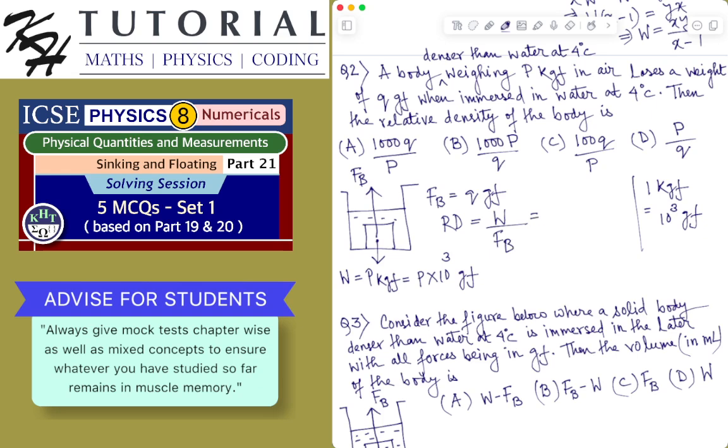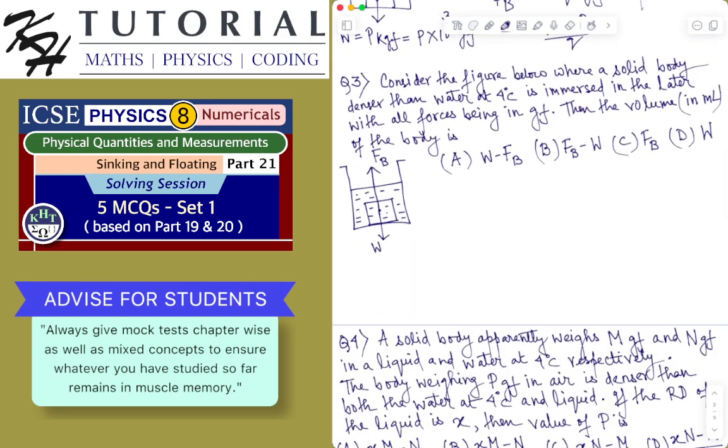So weight is P multiplied by 10 to the power 3 gf, and FB, the buoyant force, the thrust, is the loss in weight, which is given to be Q gf. So the unit gf gets cancelled out, and this is nothing but 1000 P by Q. This is the relative density. So the correct choice is B. B is the correct choice. Let's see the next problem.